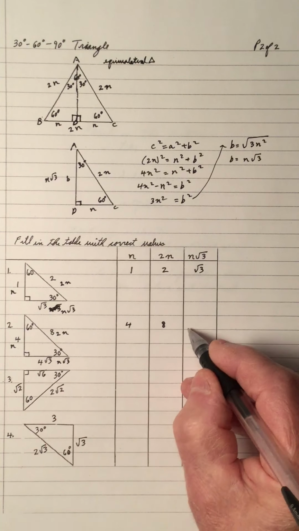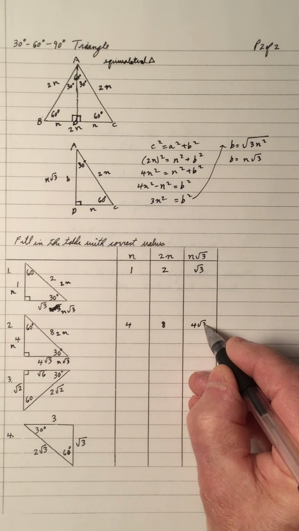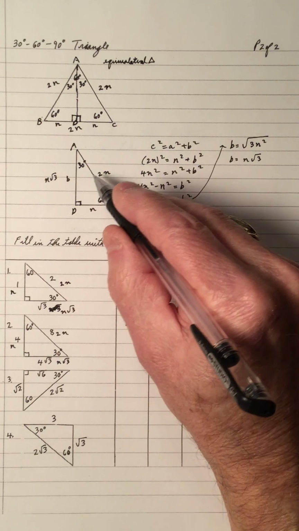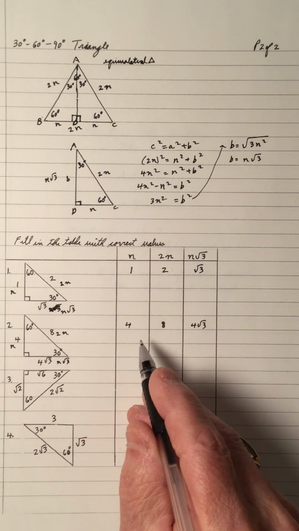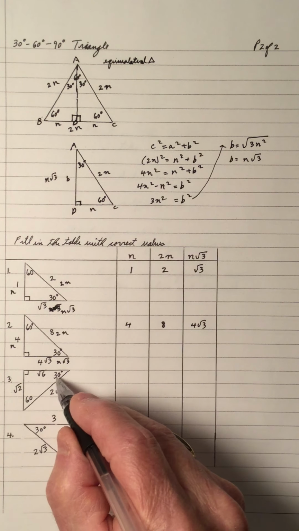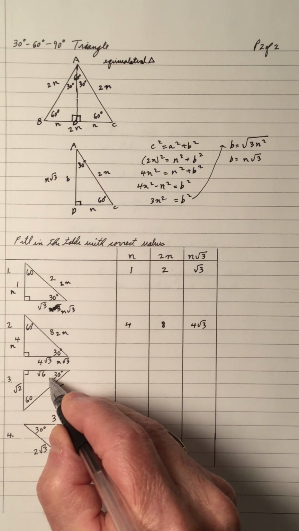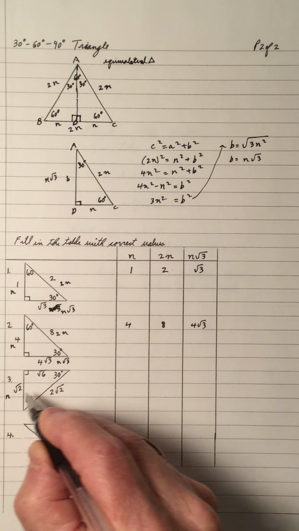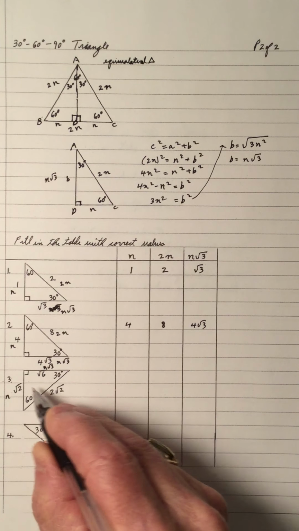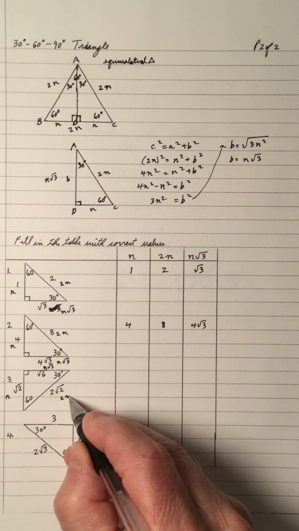And n root 3 is 4 root 3. All I'm doing is getting you used to picking out what the values are opposite the angles. In number 3, opposite 30 is the n, opposite 60 is n root 3, and opposite 90 is 2n.